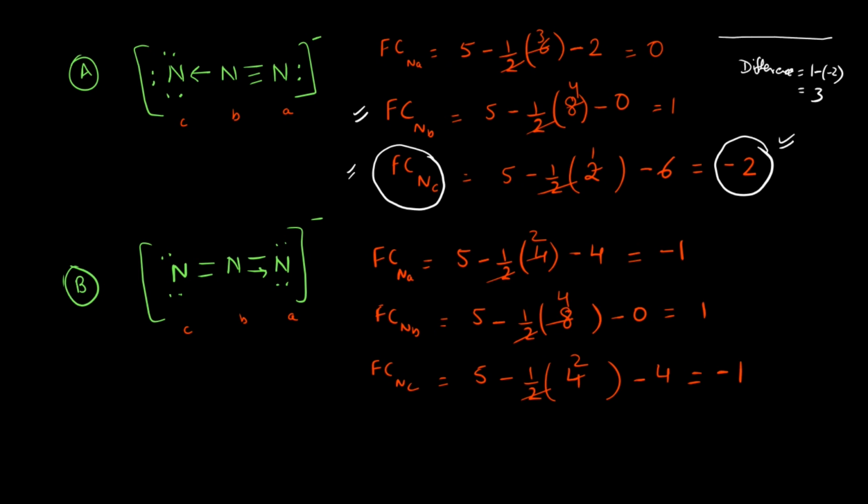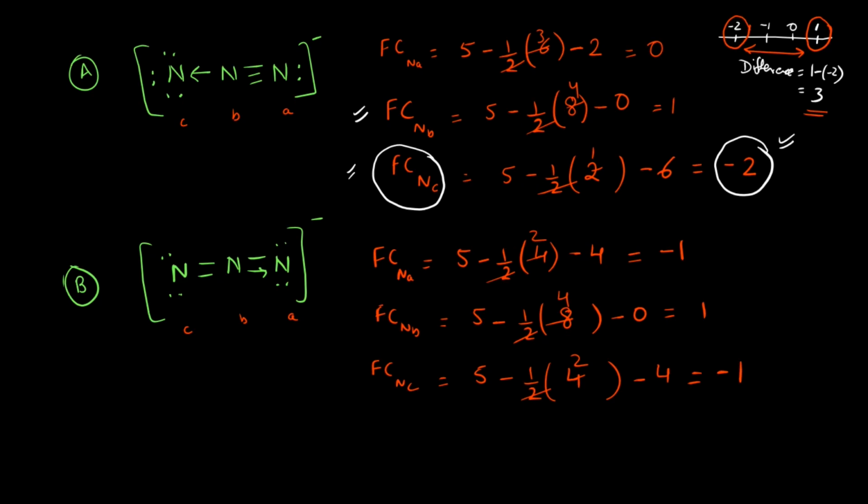Suppose this is a line and this is 1, this is 0, this is minus 1, and this is minus 2. So we have the formal charge for NC and the formal charge on the central atom, 1. So the difference is 3. Wow, so high the difference.